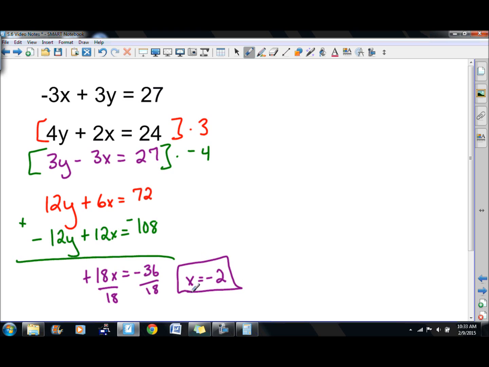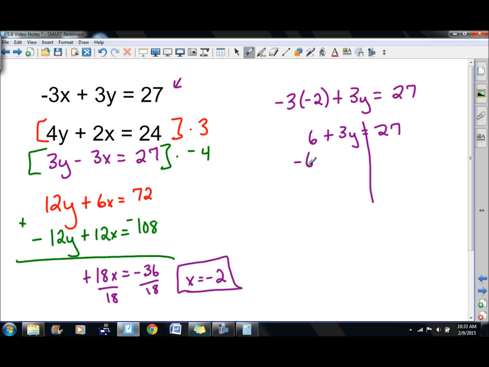Now, I can plug that x back into any equation that I've been working with. I actually have 5 options. I'm going to plug that x back into this equation right there, but you could have picked any other. So I'm going to go negative 3 times negative 2 plus 3y is equal to 27. So I get 6 plus 3y is equal to 27.